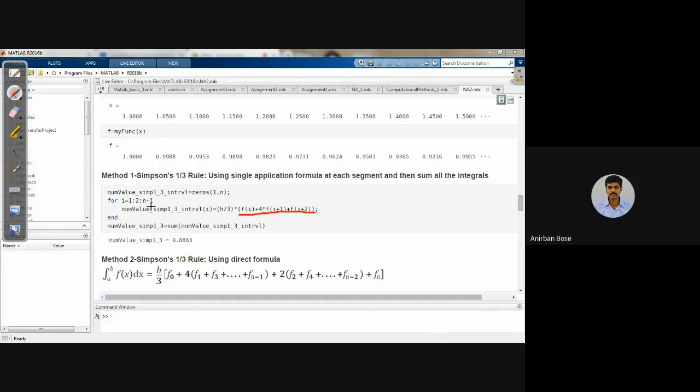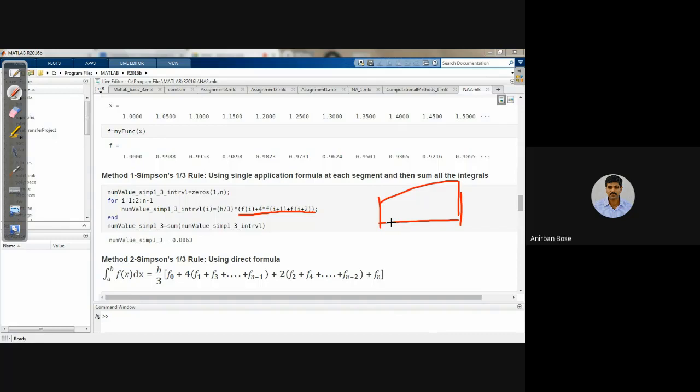But here the only thing to remember is that the n you are taking here definitely has to be an even number. That n has to be an even number because when you are dividing, remember the value of i that you are putting. Let us consider this is the segment and you want to find out the area.